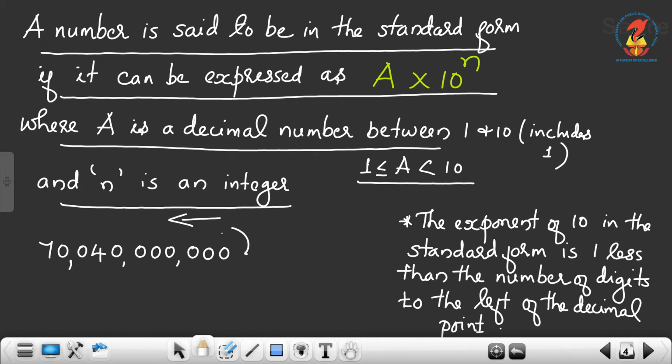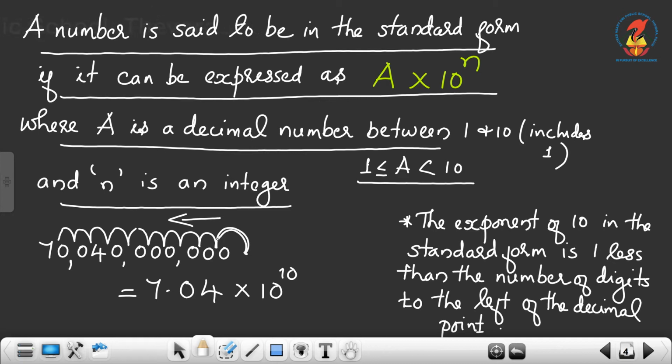So we have to move 1, 2, 3, 4, 5, 6, 7, 8, 9, 10. So we can write it as 7.04 into 10 raised to the power 10.